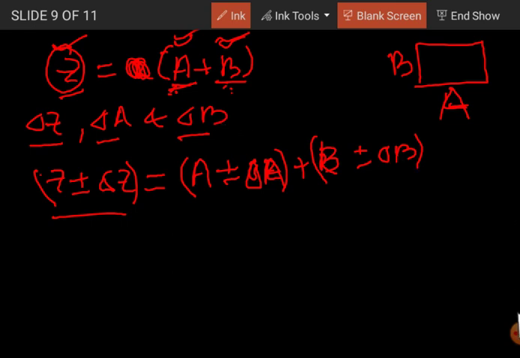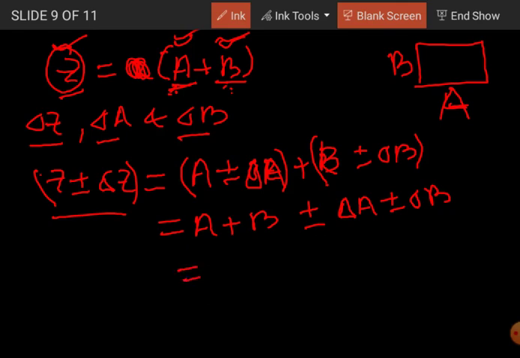We can express this by bringing the B associated with A, and your errors separately, so we can write A plus B plus minus delta A plus minus delta B.